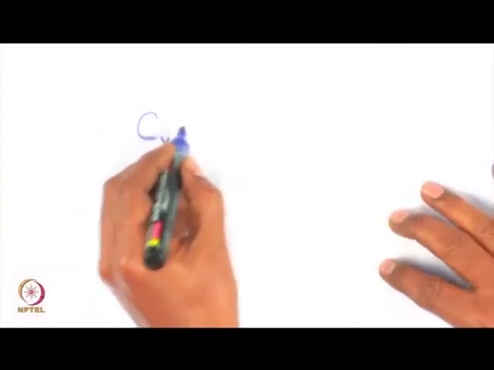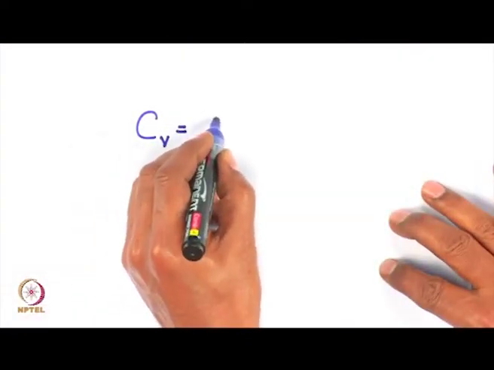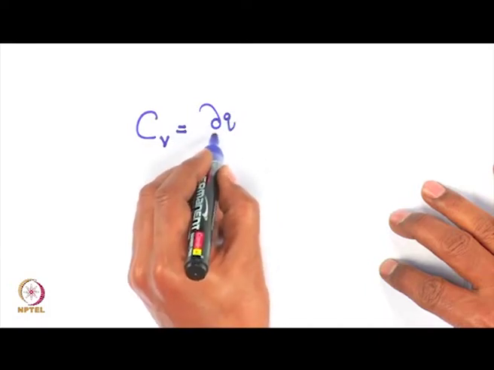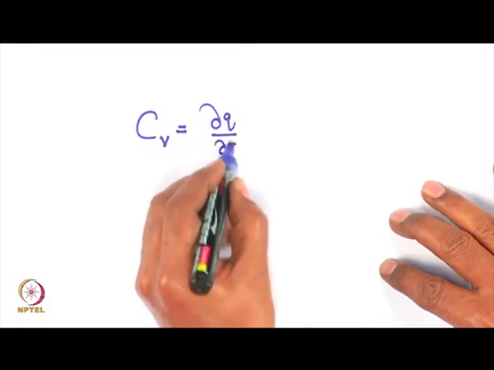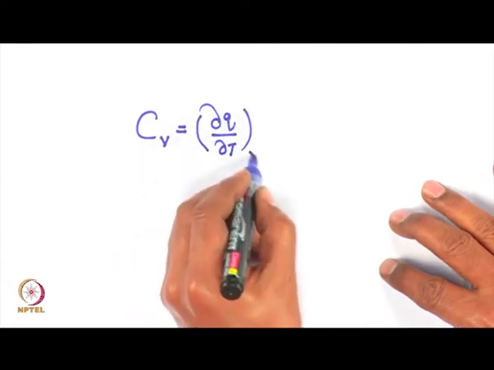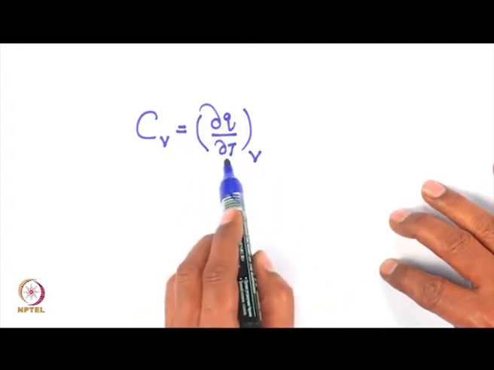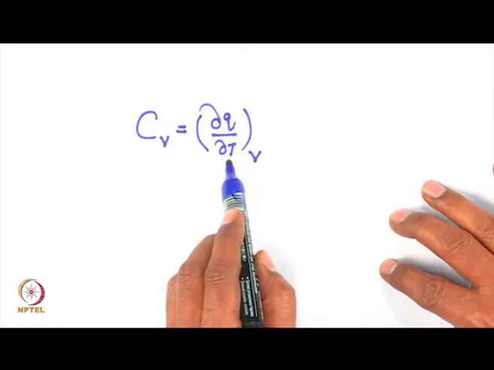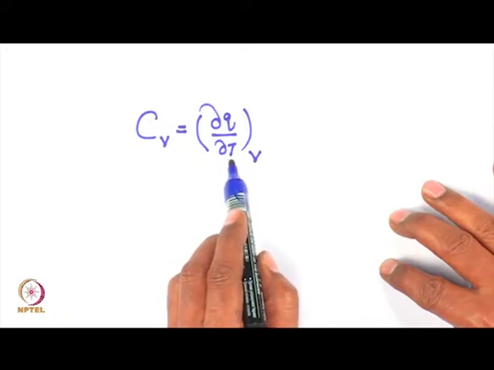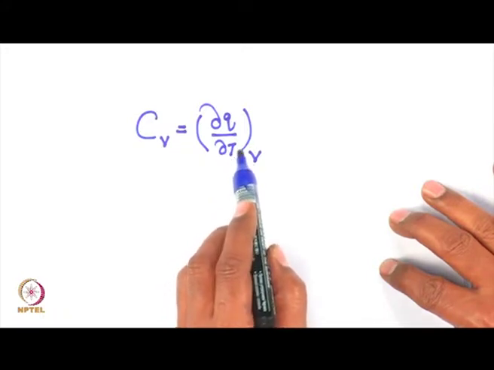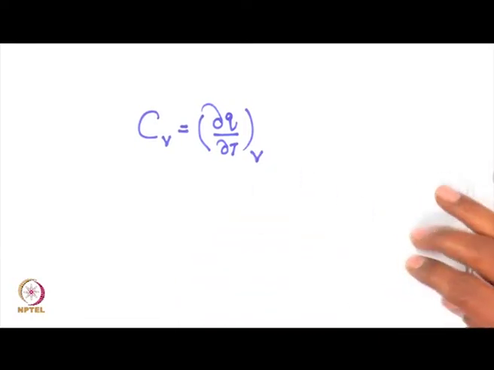One is the heat capacity at constant volume. The heat capacity at constant volume Cv is defined as the partial derivative ∂q by ∂T at constant volume. The amount of heat required to change the temperature of a system by unit at constant volume.